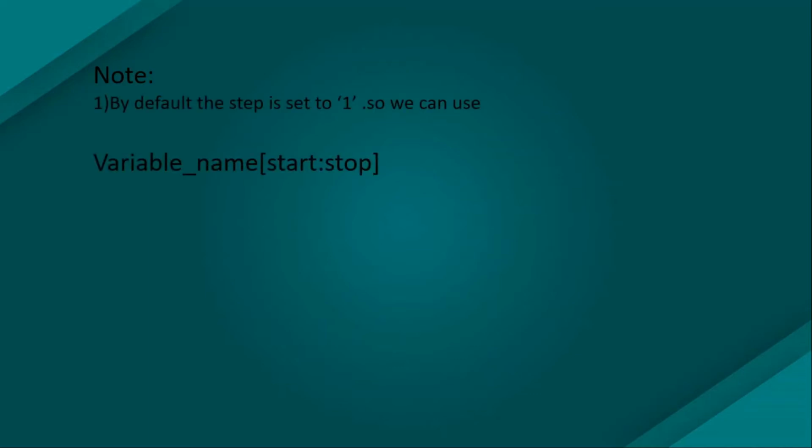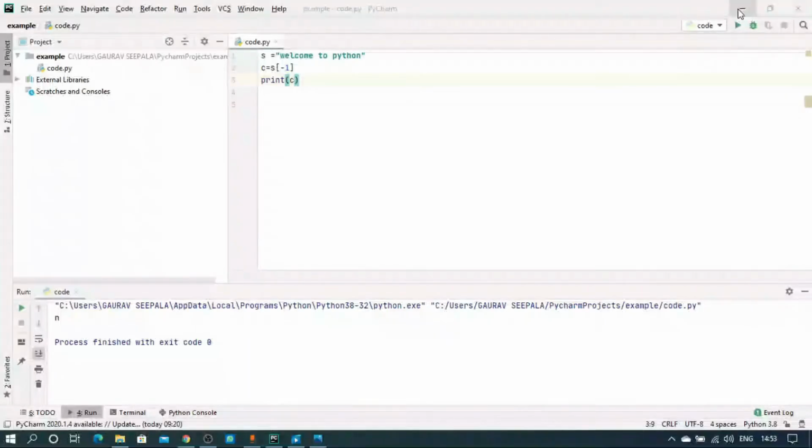And there are some points to be noted. By default the step is set to 1, and by default start is set to 0. At the same time, by default stop is set to the end of the string. So let's see some examples of string slicing.